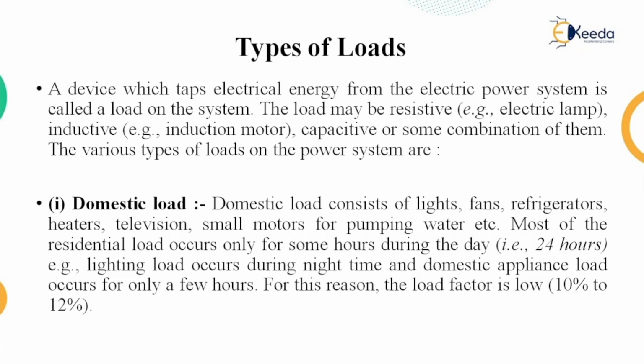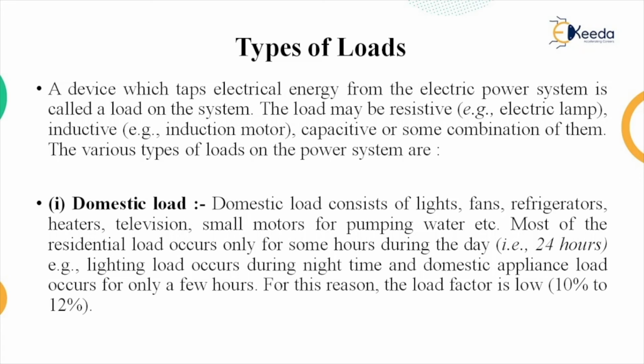Now next is the types of load. Load is the device which consumes electrical power, or absorbs electrical power, to perform a particular task. A device which taps or consumes electrical energy from an electrical power system is called a load on the system. There are three types of load basically.